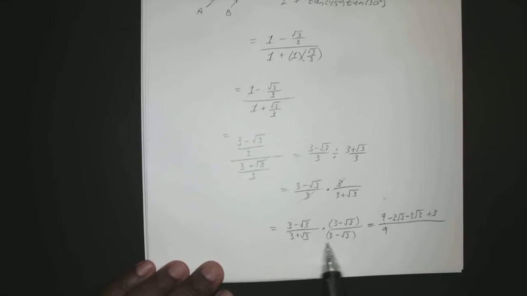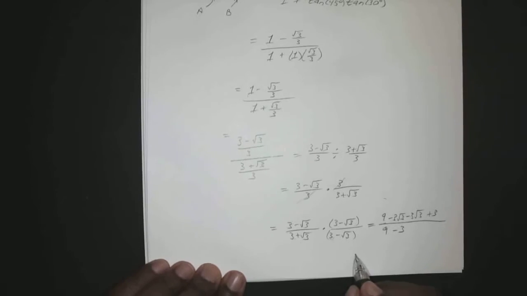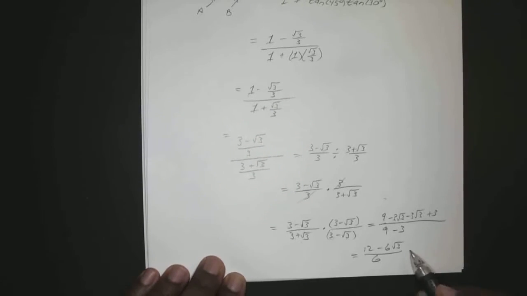There we go. Okay, so your first, you have 9. Your outer is minus 3 square root of 3 and plus 3 square root of 3, so they cancel out. And your last, square root of 3 times square root of 3 is just 3. So you end up with 12 minus 6 square root of 3 over 6, which gives you 2 minus square root of 3.